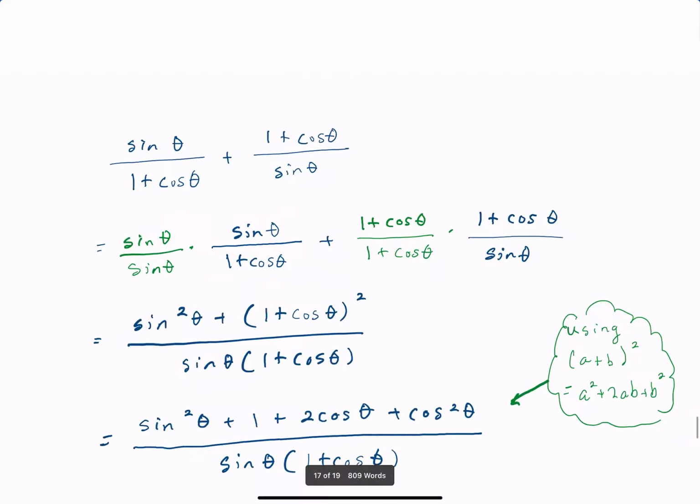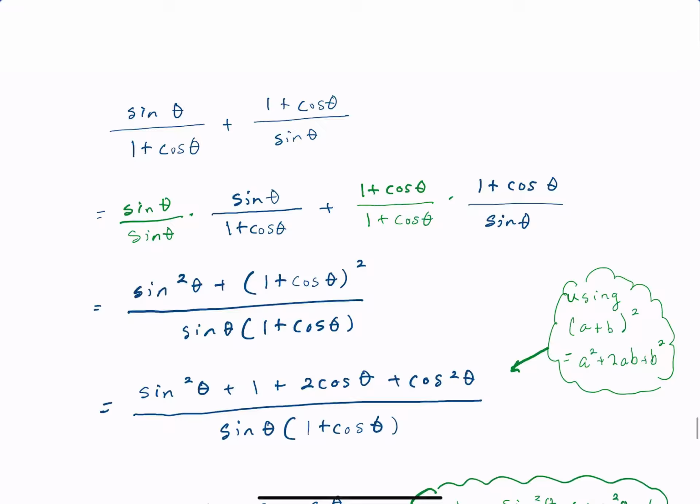The LCD for those two fractions is sine of theta times 1 plus cosine of theta.